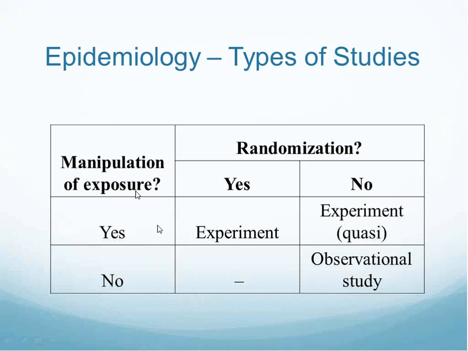So if you're able to manipulate exposure and randomize, you can have an experimental study. So this might be something like a clinical trial where you want to try a new medication, and you can do some of these things. There's also the case where you can have a quasi-experimental study. But in the event where you cannot manipulate exposure and you can't really randomize, you have what's called an observational study.